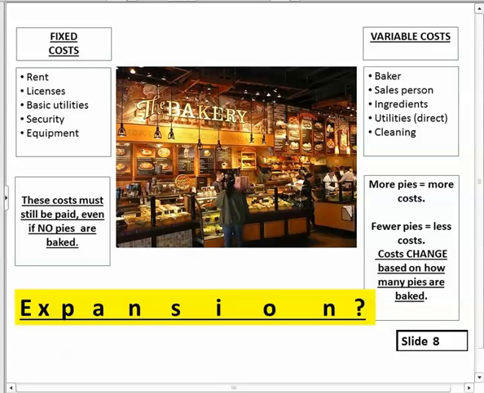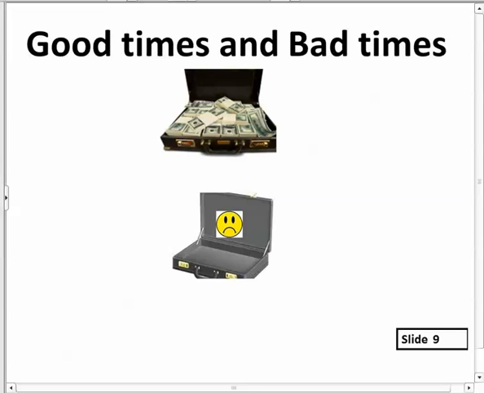So, unless you're planning on keeping your business small forever, you need to also figure in what that expansion is going to be. And then we talked a little bit about being conservative in the use of the cash. When the times are good and there's a lot of money rolling in, and your bank account looks very comfortable, don't rest on your laurels and start taking that money out.